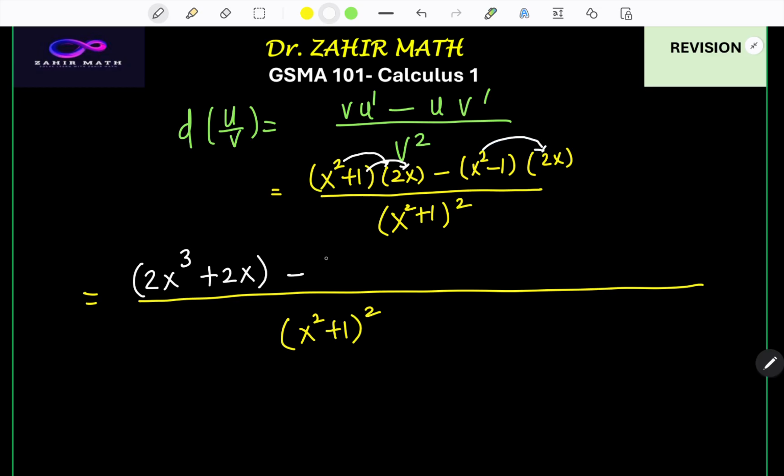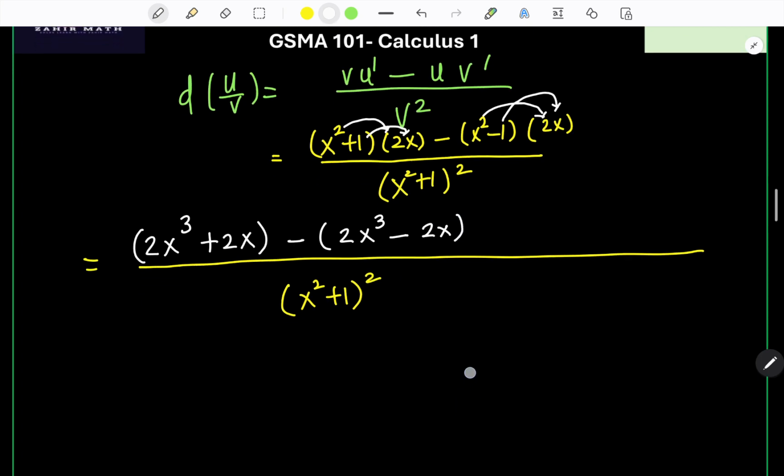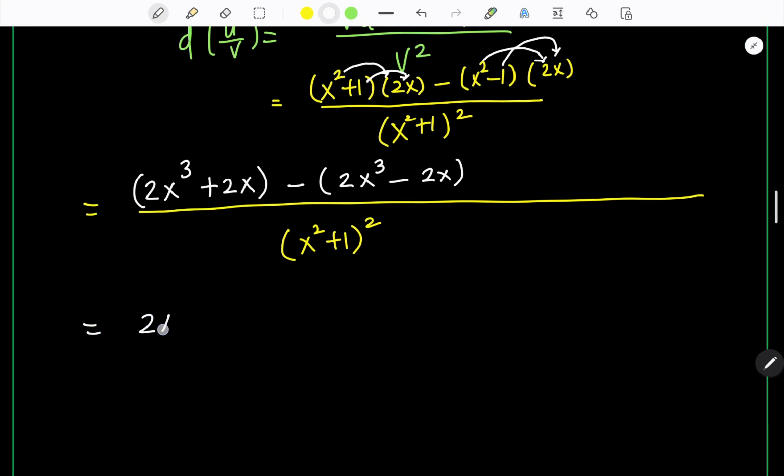x square into 2x will be 2x cube. Then minus 1 into 2x, minus 2x. Right, so this equals 2x cube plus 2x. Take this bracket inside: minus 2x cube. Take this bracket inside: minus of minus, plus 2x.